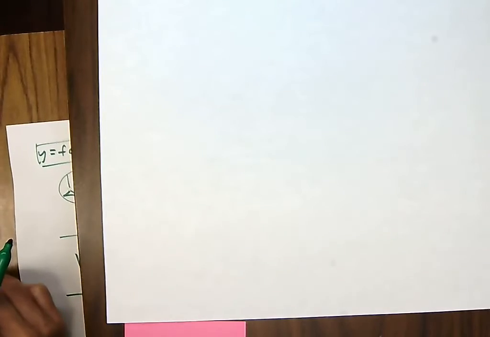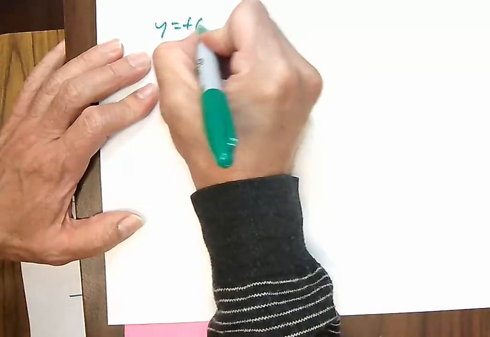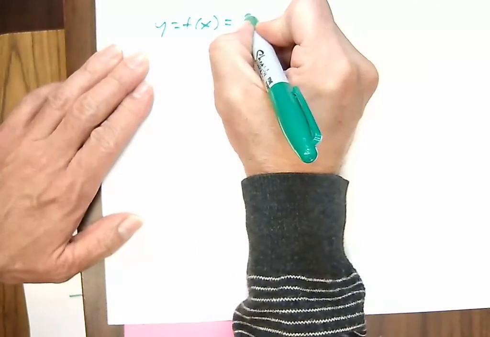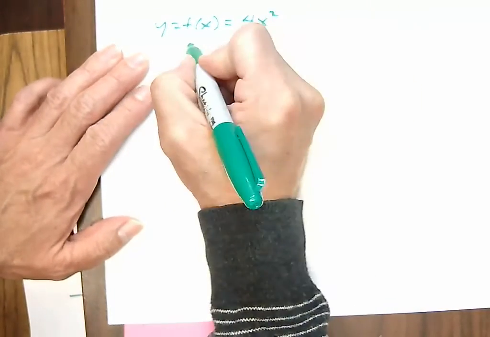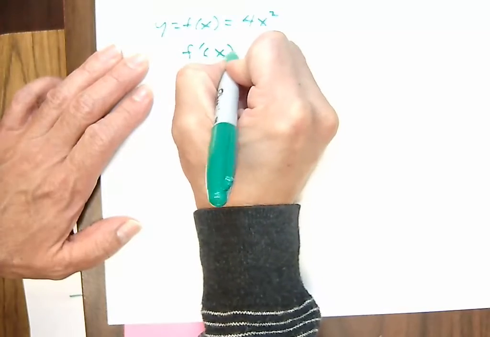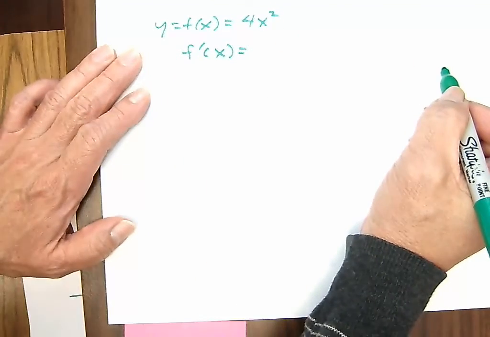Okay, let's look at a few examples of taking derivatives. Going back to our rules of derivatives, we already showed that when y is a function of x, which is equal to 4x squared, the derivative of our function, dy dx, was 8x.